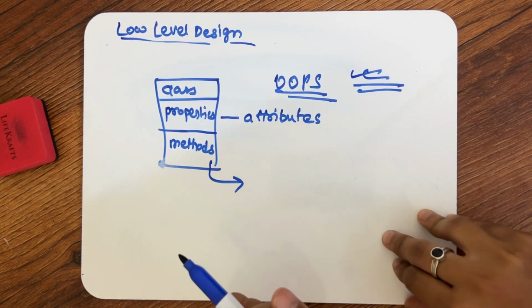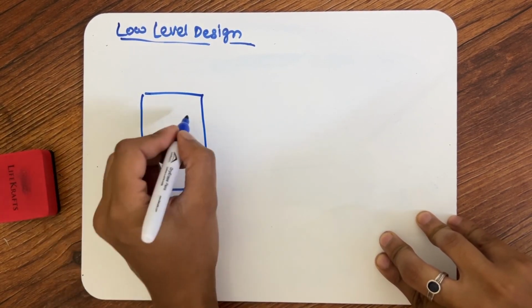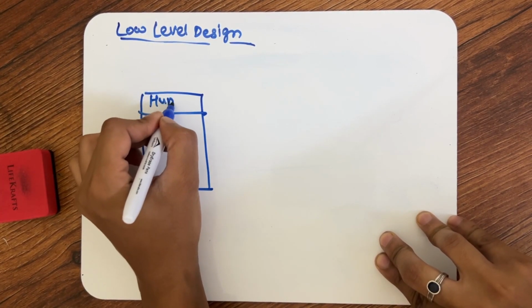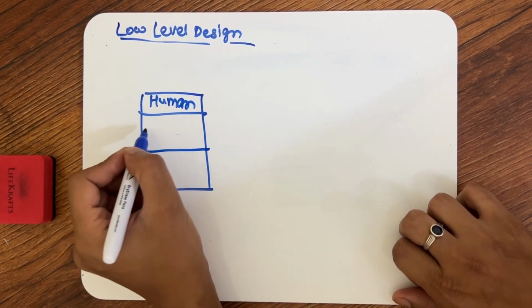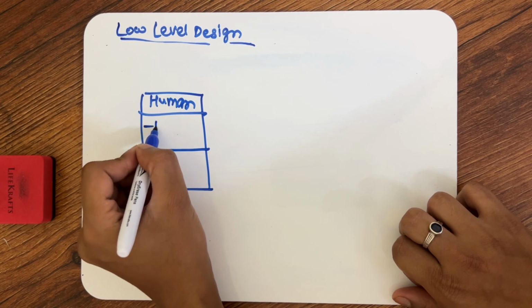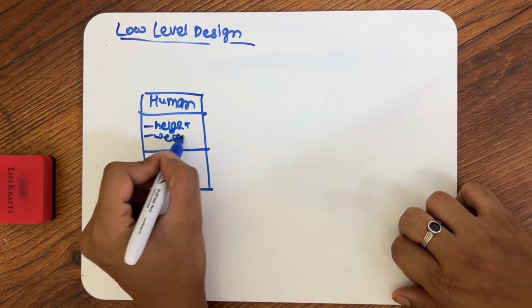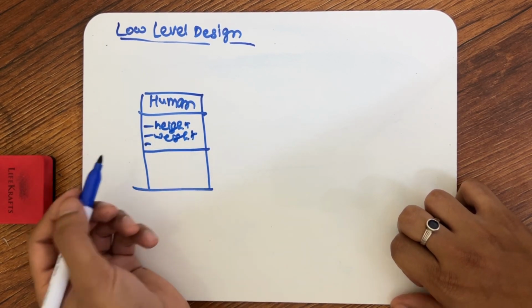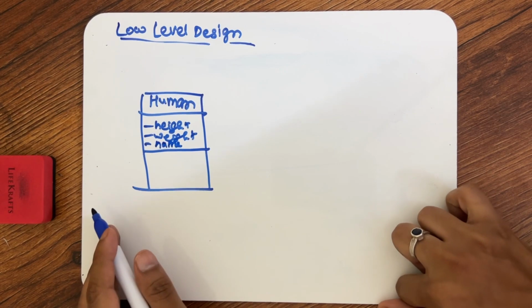Let me give you an example. Suppose there is a human. What will be the properties? Properties will be height, weight, name, and there might be some other properties as well.